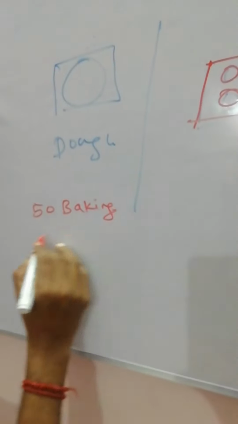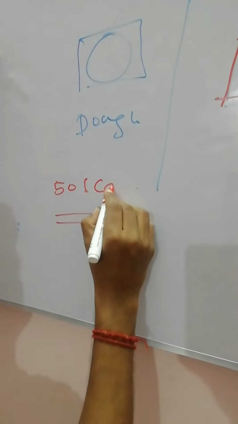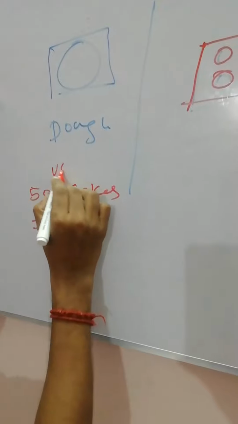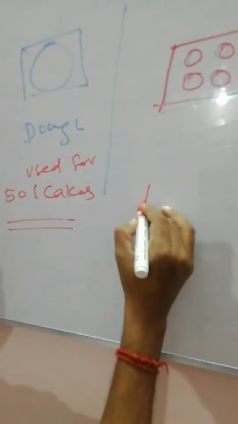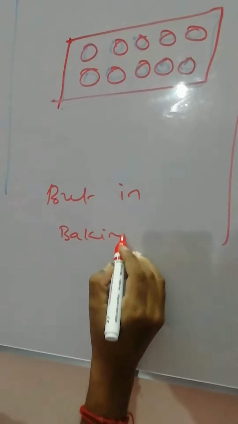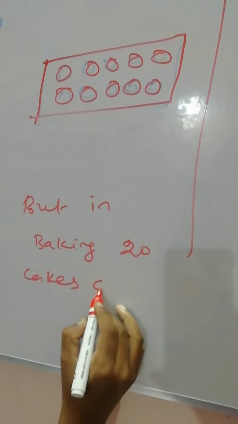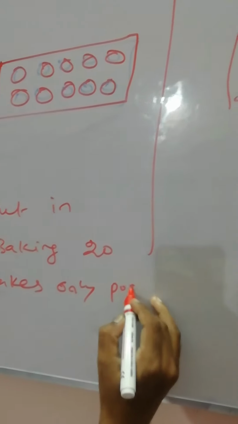See, this is dough for 50 cakes. The raw dough is used for making 50 cakes. But in baking, only 20 cakes are possible because of 20 plates.